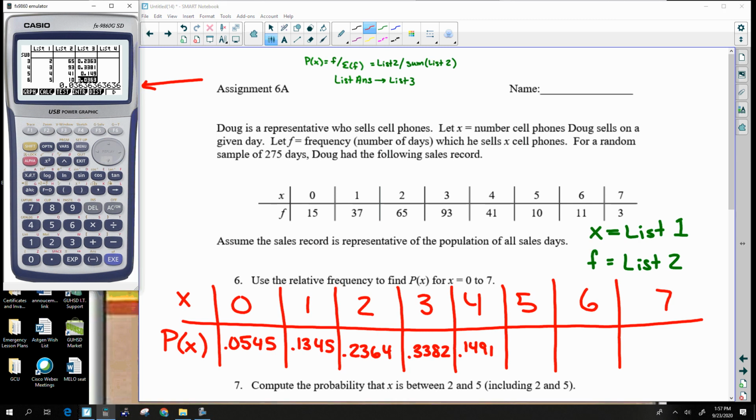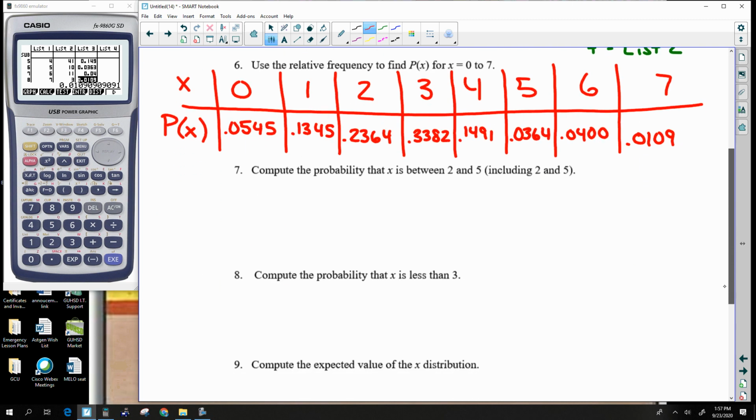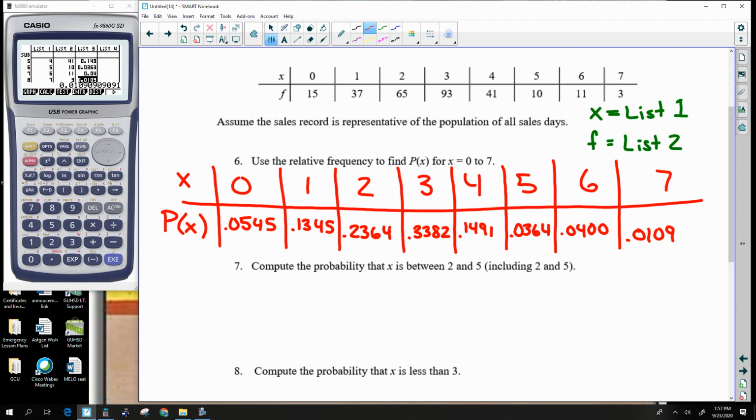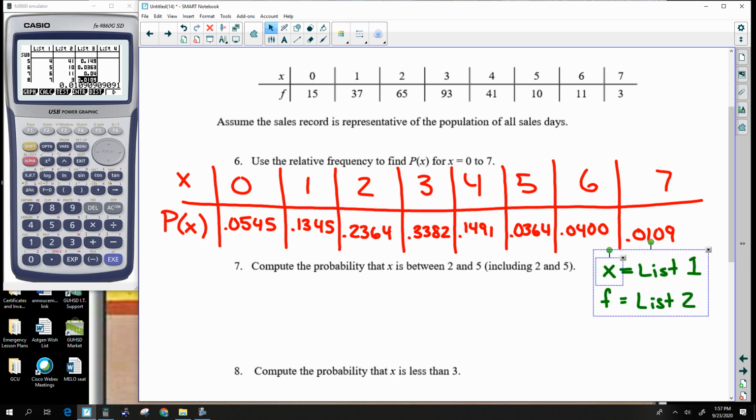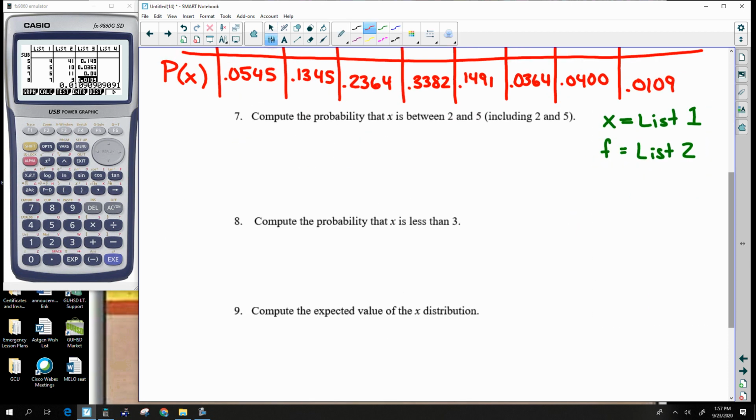Again, if you're not looking at that bottom number, I know if you're lazy or not. 0 3 6 4, 0.04, 0.0109. Those are the individual probabilities right now. So updating my stuff in my calculator list, what I now have is my P of X in list 3.